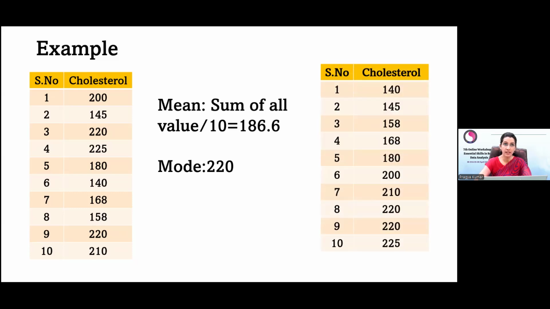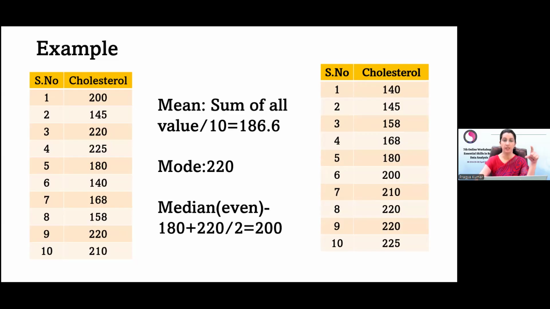And then next comes your median. So what is a median? If the number of observations is even, then you take the middle two values and divide by 2. In this case, since there are 10 observations, I took 180 and 200 and divided to get 220.